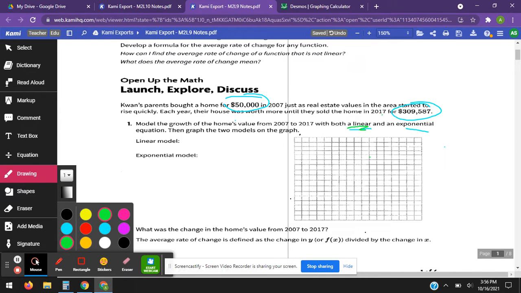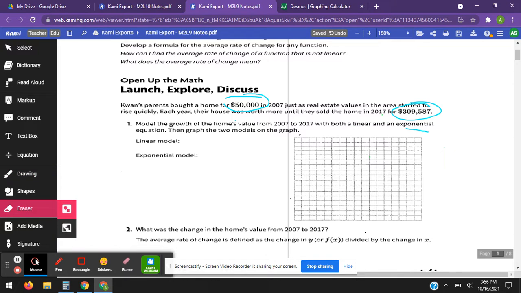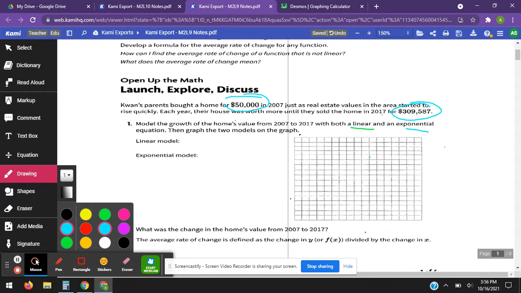Actually, do linear in green and exponential in blue, so that way we can keep them separate. One thing I'm going to do first is draw my graph because I know I'm going to need to go over 300,000.